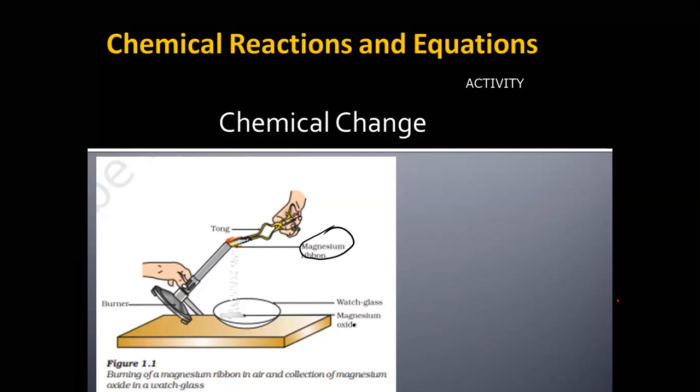The formation of magnesium oxide occurs. This is basically white colored ashes. White ashes are formed. Is this the physical change or the chemical change? Just think of it. Yes, it is chemical change because a new substance is formed. And what's that new substance? That is magnesium oxide.